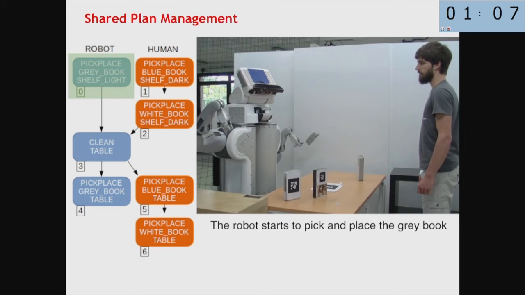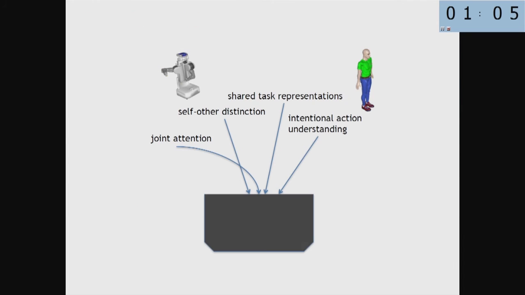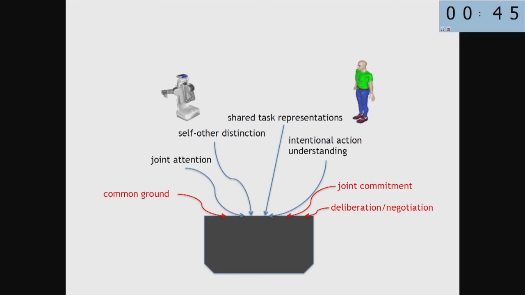accordingly. So I do not have the film there, but what I want to say to finish is that here I have just spoken about four coordination processes for joint action, which are shared task representation, self-other distinction, joint attention, intentional action understanding. And I have not spoken about common ground that we spoke about before in this cultural cognition.